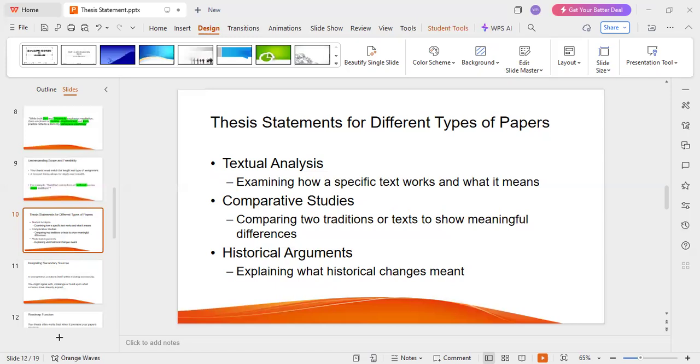Or if you want to support an existing scholarly interpretation, then of course you can do that via your thesis statement.